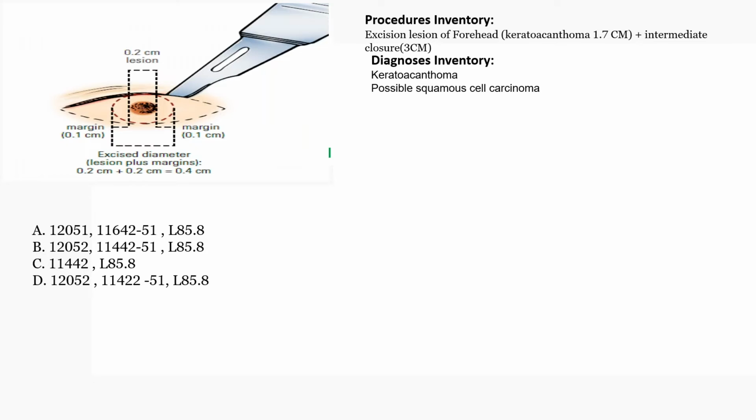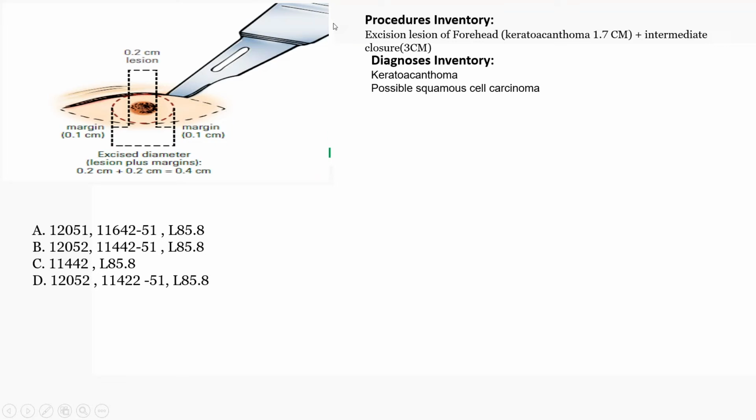And towards the left side, you can see a diagram, which you must all be familiar with by this time. You must have seen this in the CPT book under the excision procedures, excision of lesions section. This helps us get the excised diameter of a lesion. The excised diameter will be the diameter of the lesion plus the margins.